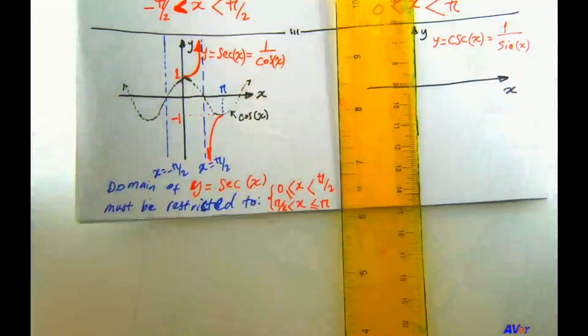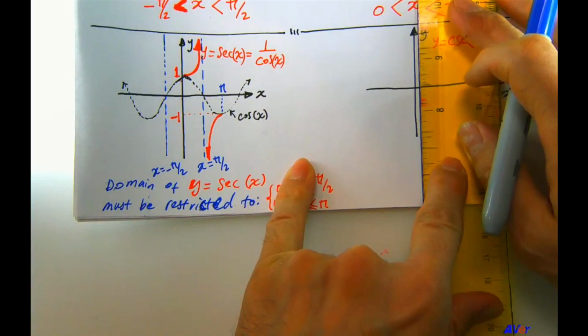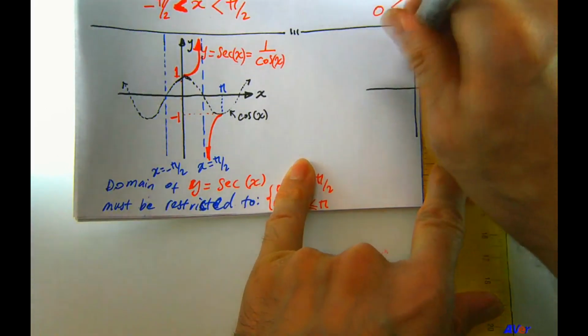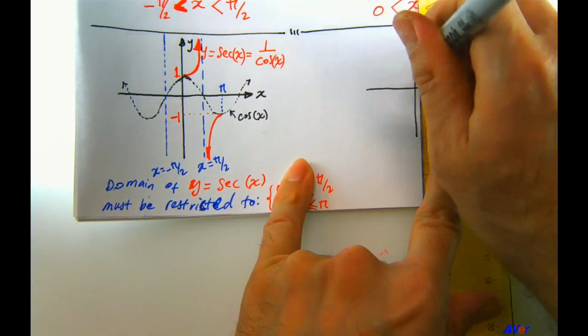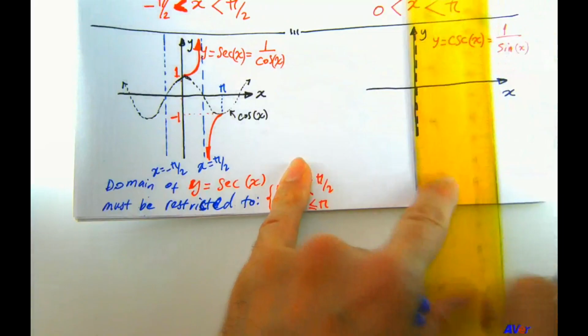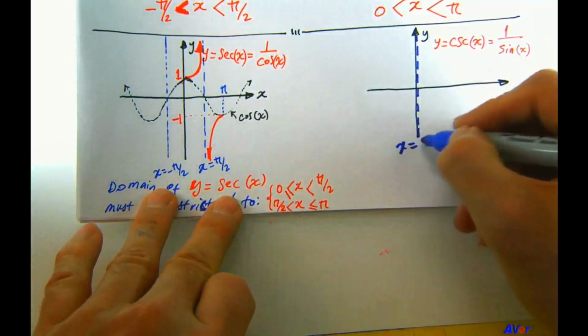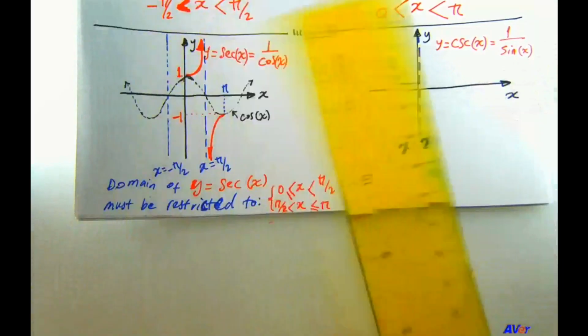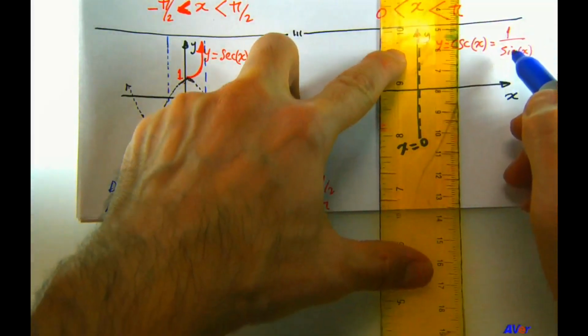So 0 would be one. That would be x equals 0, which is the vertical axis y. So I'm going to put a dashed line right next to that y-axis to indicate that. So x equals 0 is one of the asymptotes, and the other one is pi.